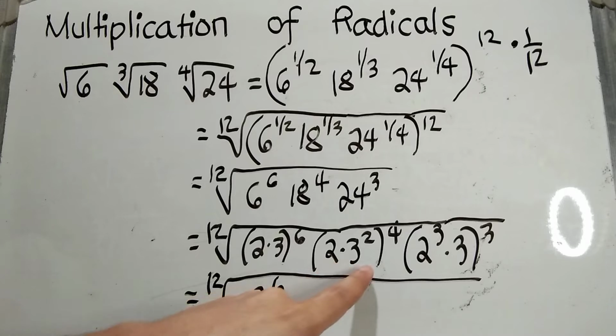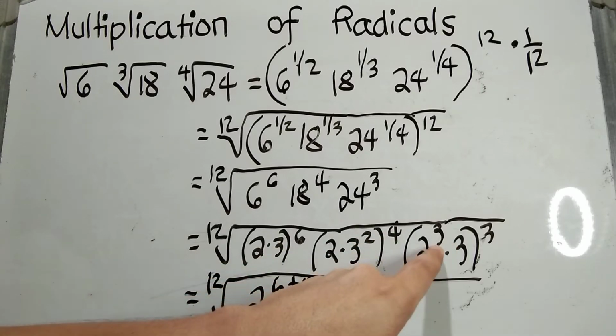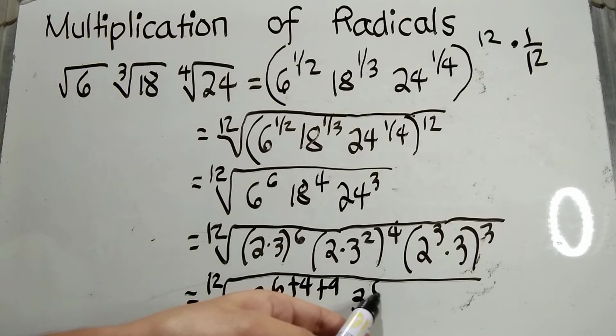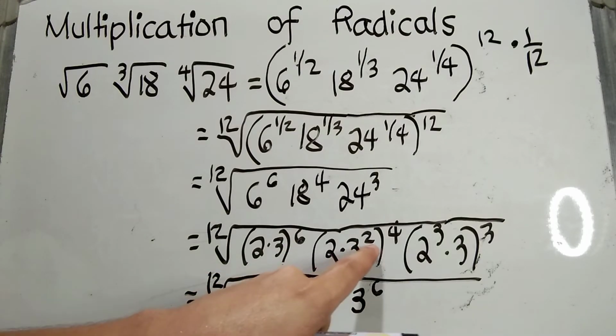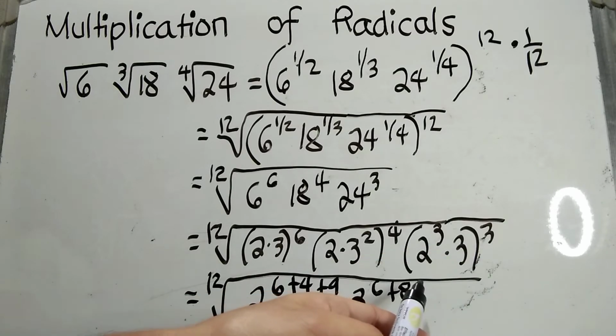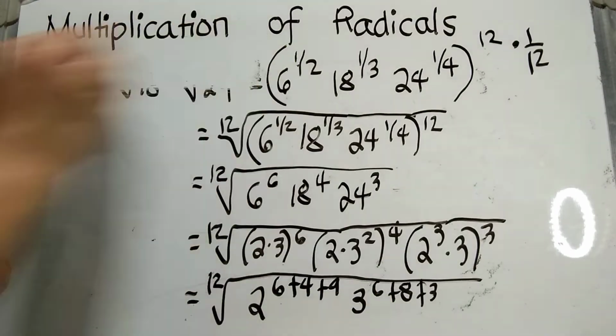When you look at the second expression, this is 2 raised to the power of 4, so you have to add. And then 3 times 3, it's 9, so you have to add also here. And so this is now 3, and then it has an exponent of 6. 3, 2 times 4, that's 8, so you have to add 8. And then 3 to the 3, which is 3 plus 3. So in that case, we are now ready to simplify our exponents right here.